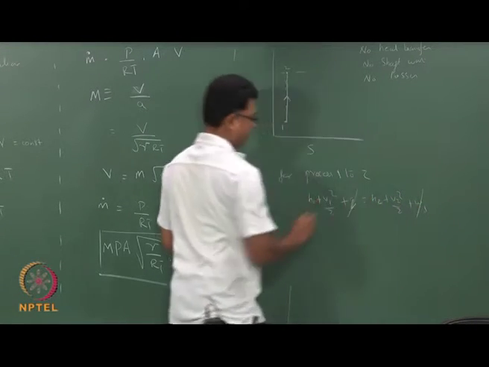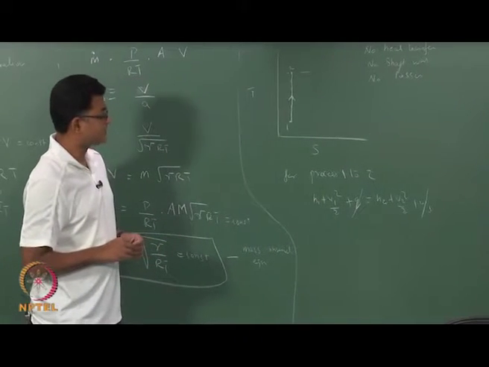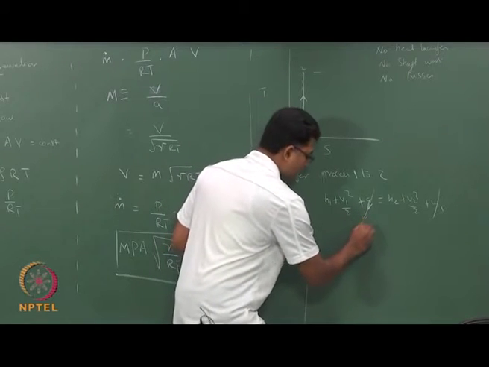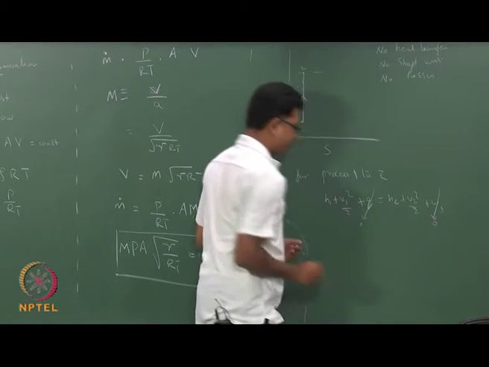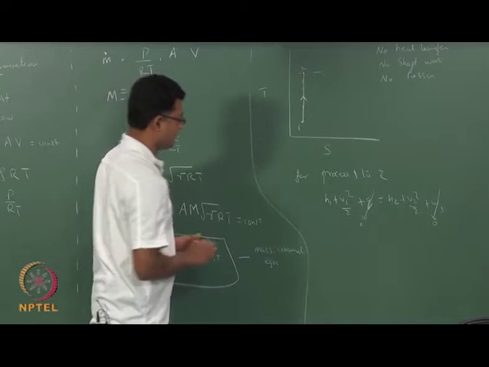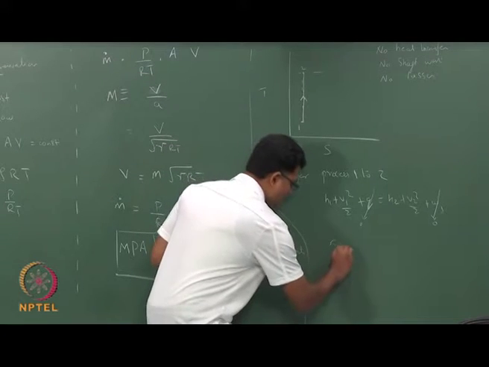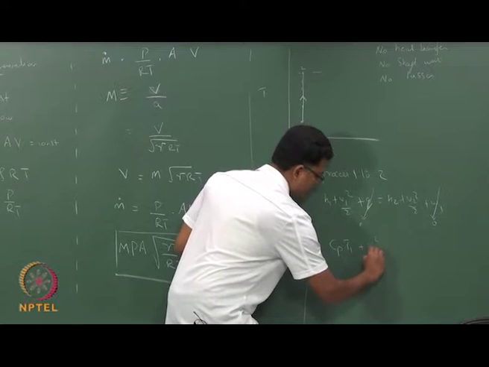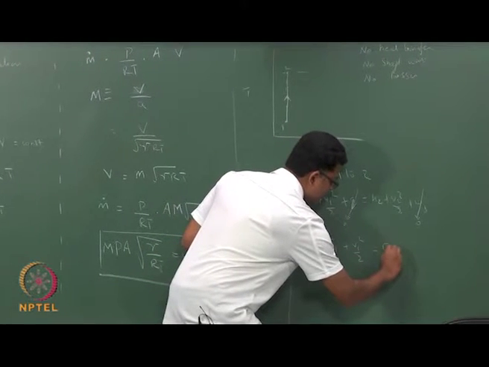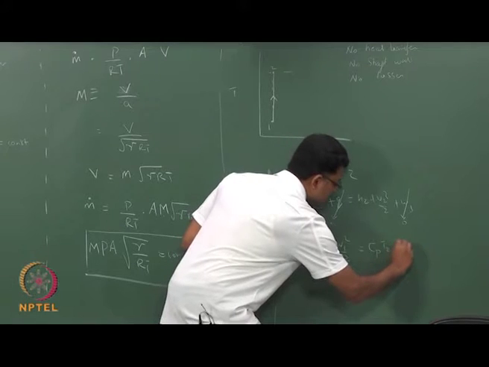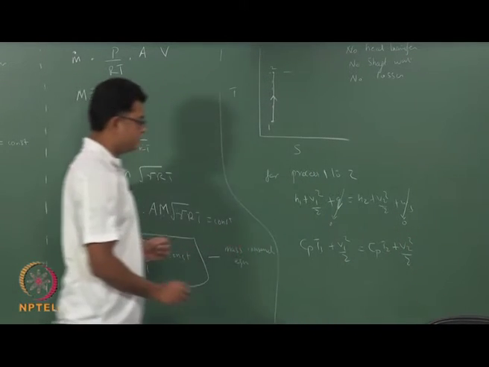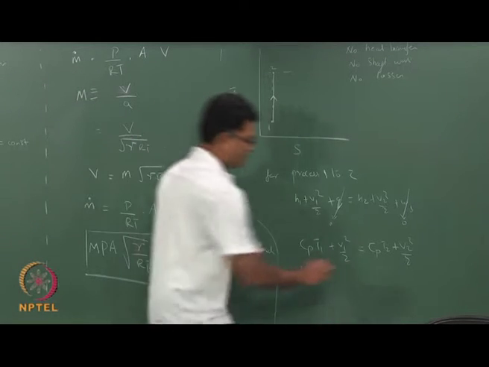I strike off the quantities which are assumed 0, this is 0, this is 0. Cp T1 plus V1 square by 2 equals Cp T2 plus V2 square by 2 for a perfect gas.